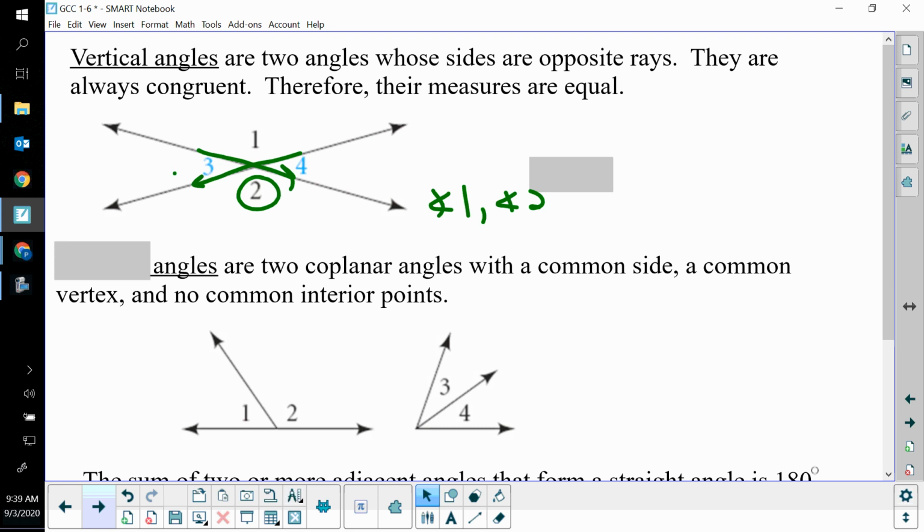And then we could do the side ones too, angle 3 and angle 4. So if you want to know if there is an angle that is vertical to any angle, follow the sides of that angle through to the other side. Whatever angle that opens up to, those are the angles that are vertical to it. So to mark these congruent, we could put 1 arc on these, and then we could put 2 arcs on the other ones.